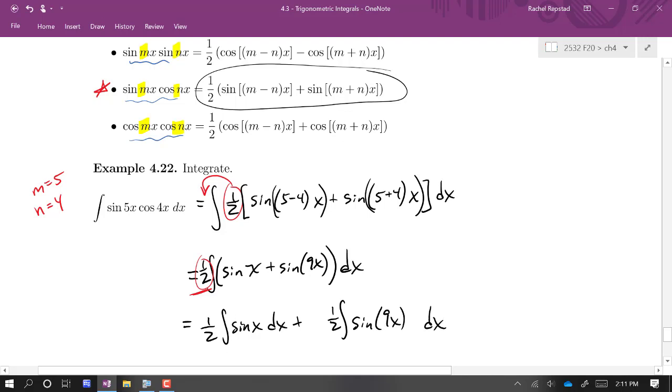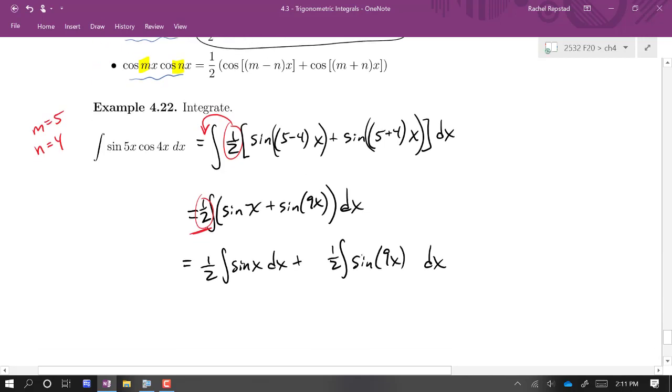The first one we could just integrate, but the second one we'll need to throw in a factor of 9, right? We'd be integrating sine of 9x, thinking u is equal to 9x, right? We need a factor of 9 to make sure we have our du here, and then we put in a factor of 1/9 outside to compensate.